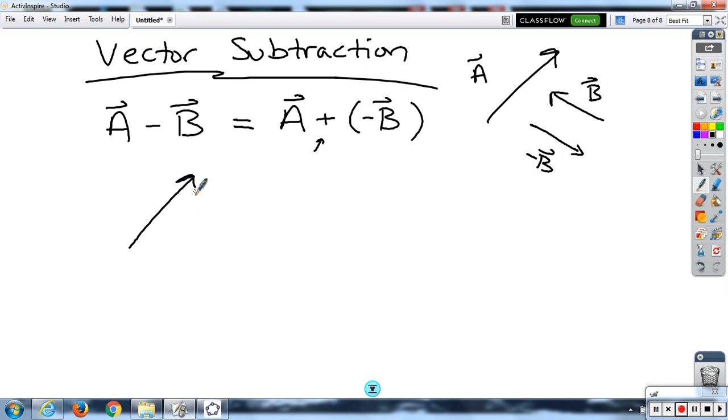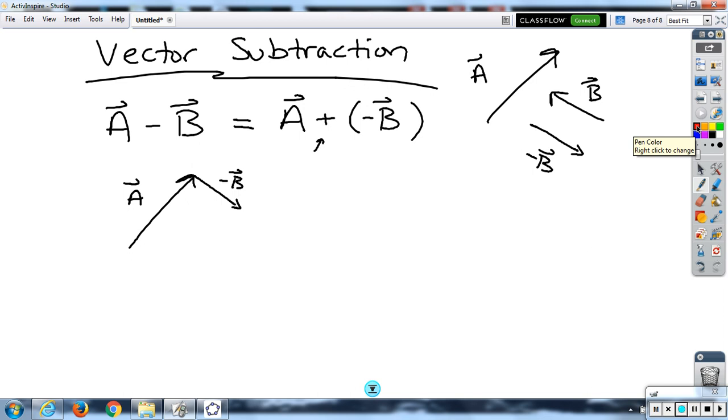So I'm going to start out with a, and now I'm going to add to it negative b, which points it this way now. And notice, if you go back and see what our c vector looked like before, this is a completely new vector.